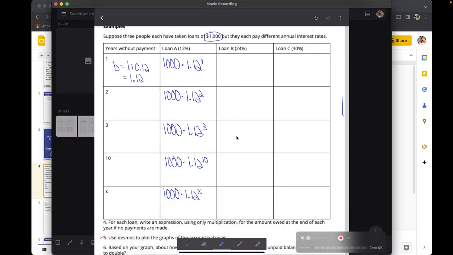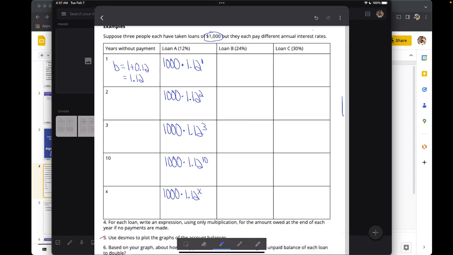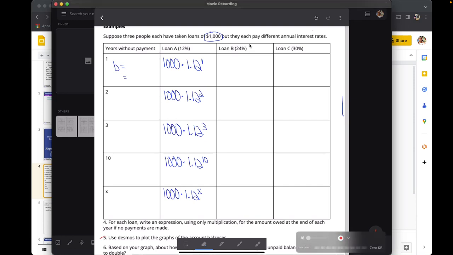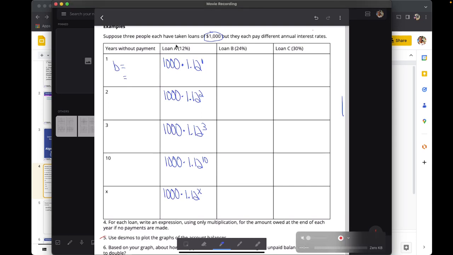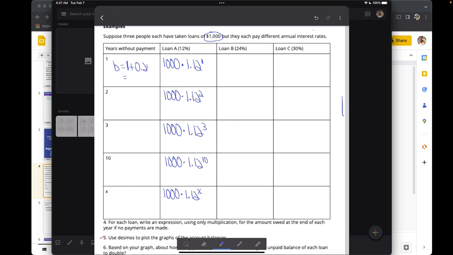If I wanted to do the same thing for loan B, all I would do, okay, let me get rid of this here. If I want to do the same thing for loan B, loan B has an interest rate of 24%, which means my growth factor, my B value, is going to be 1 plus 0.24, which is 24%, 1.24.